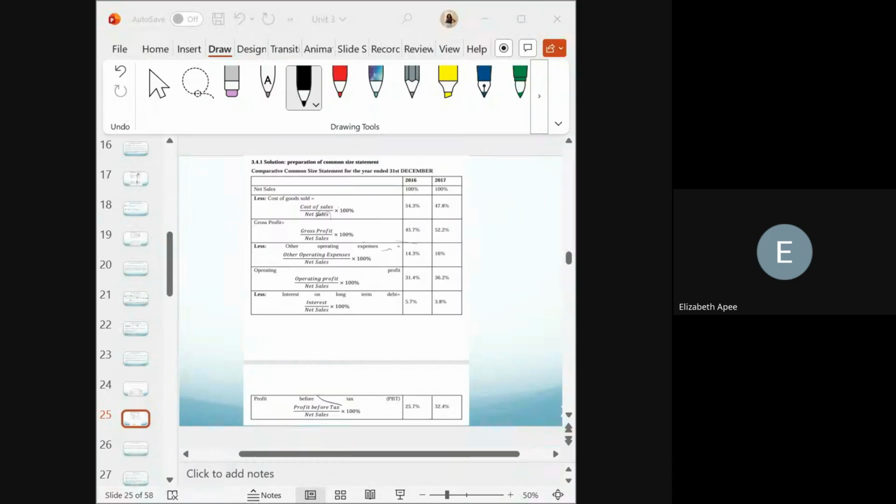Meaning they made extra expenses during the year of 2017. They incurred more expenses in 2017 than 2016. So is it a good thing or a bad thing? Madam, it's good because the expenses that they made enabled them to generate higher income, looking at the gross profit.